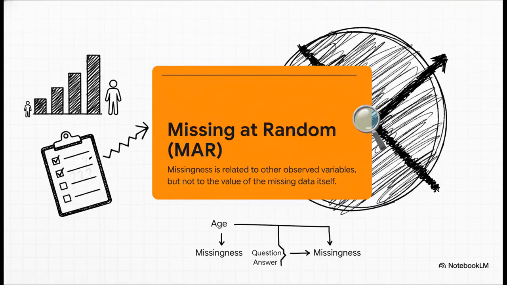Next up, we have missing at random, or MAR. Now, I gotta warn you, this name is a little misleading. The missingness isn't truly random. Instead, it's related to another variable that you can actually see in your data. So, for example, maybe younger people are just more likely to skip a certain survey question. The missingness is tied to their age, not the answer they would have given.